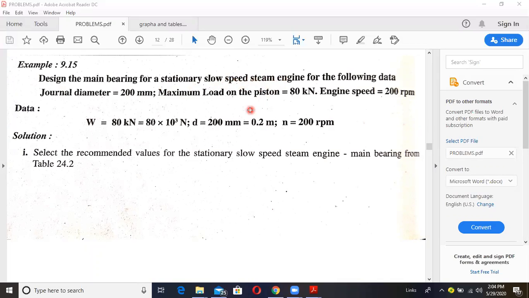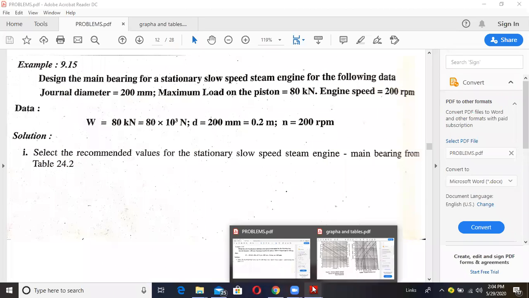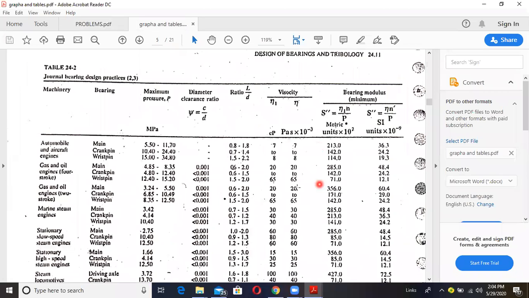This is table 24.2, journal bearing design particulars and practices. In the first column we have machineries, second column bearing, third column maximum pressure, fourth column diametrical clearance ratio, fifth column ratio L by D, then viscosity, and bearing modulus S double dash.